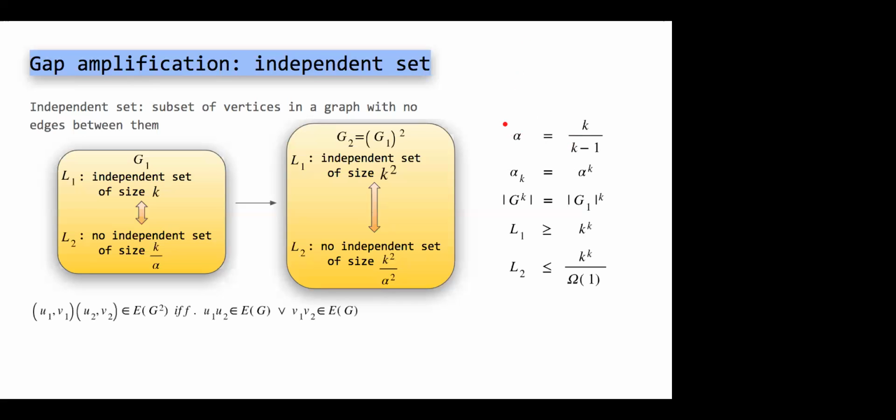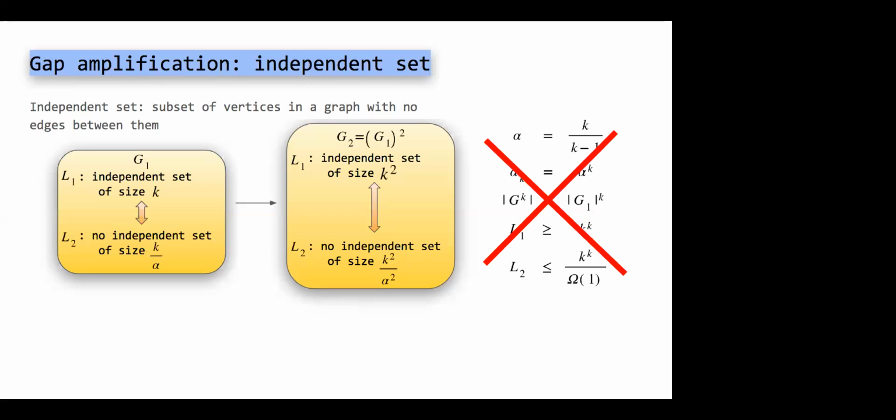And we can see that the gap would indeed grow to a constant one, but the size of the created instance would be like n to the k, which is not polynomial, and this kind of reduction would be meaningless if the produced instance is too large.